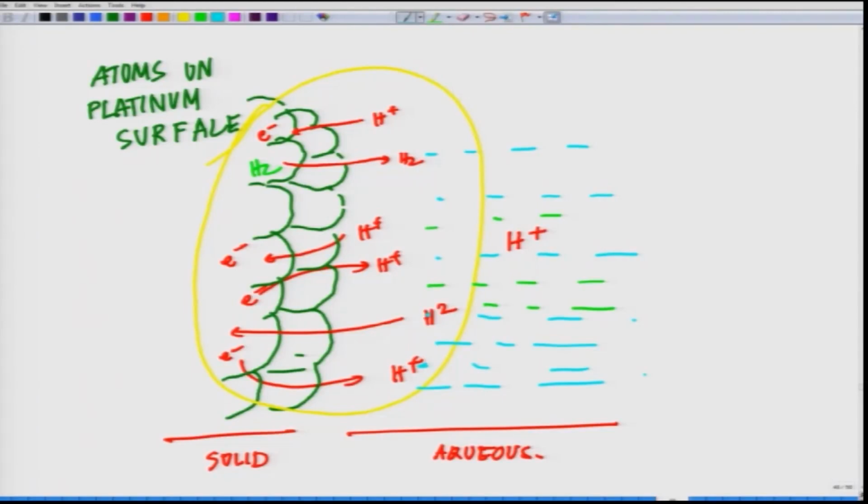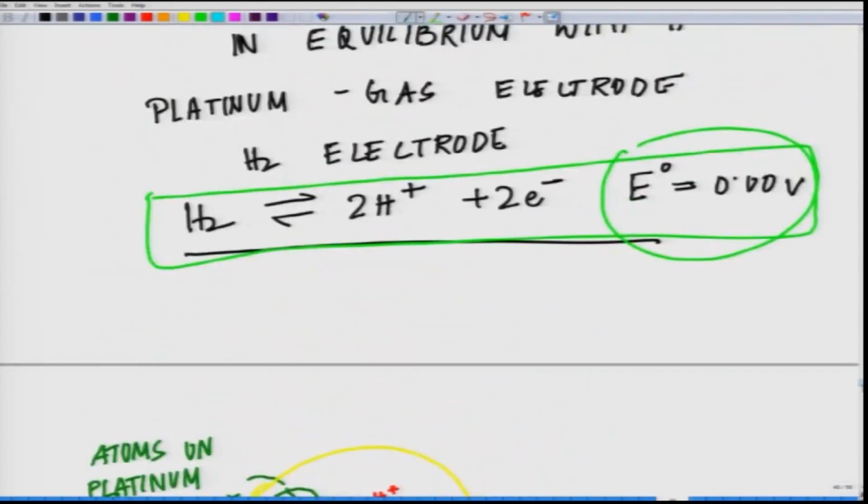The equilibrium developed here is as I showed you in the reaction.